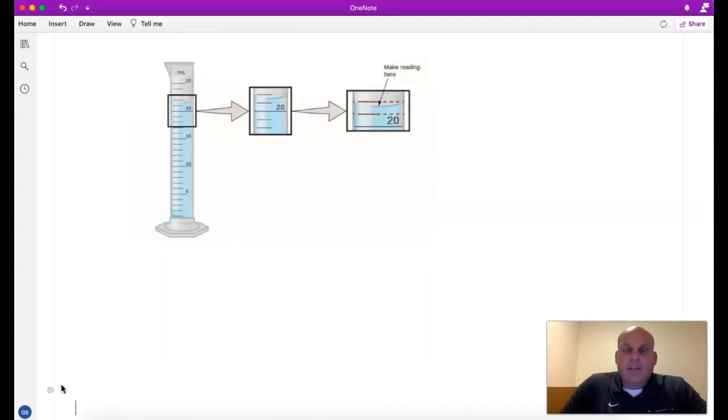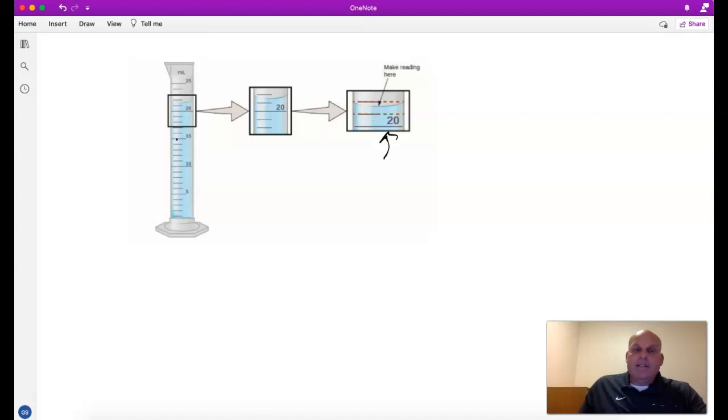The first thing that we should do before ever making a measurement with an instrument in the laboratory is to take a second to evaluate the resolution of the instrument. If I take a look here at the graduated cylinder, I'm going to take a second before I get to actually reading the meniscus and recording my value.